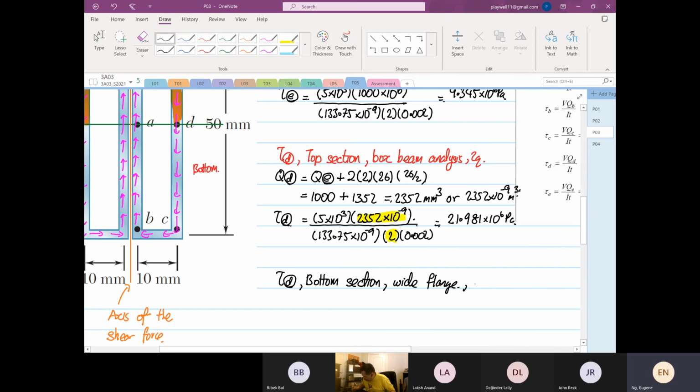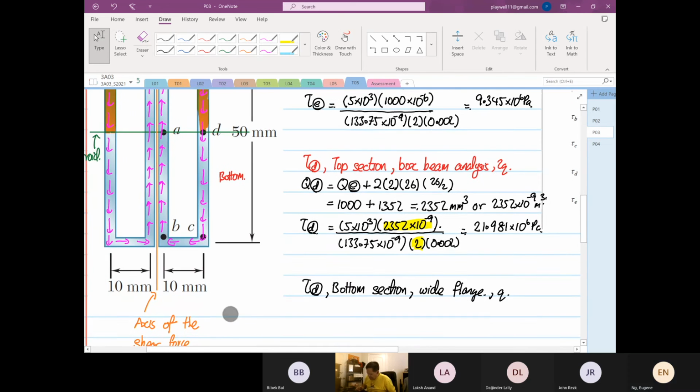If you look at the bottom, it's Q, because your Q is only flowing in one way at the bottom, yes or no? The Q has not been split up.